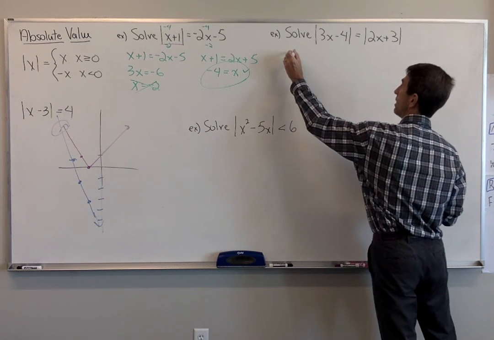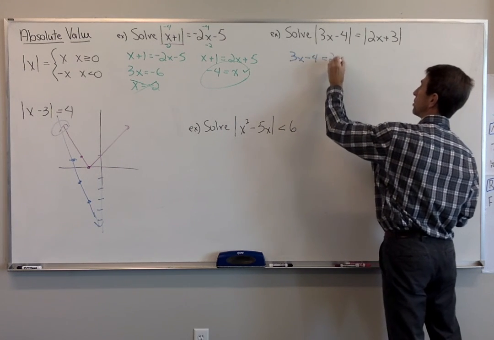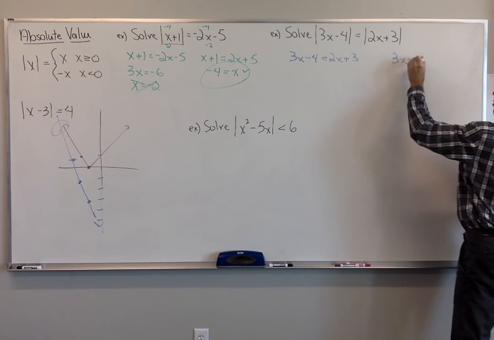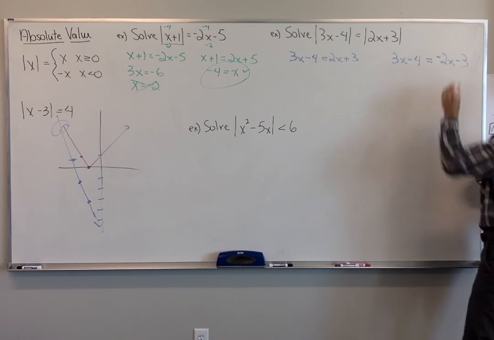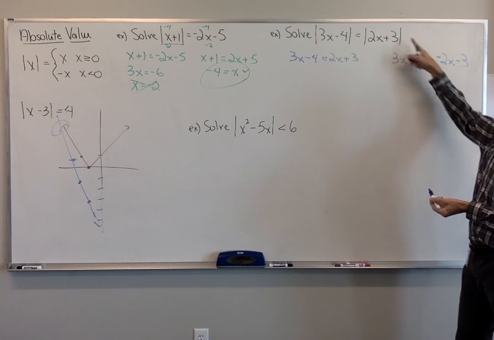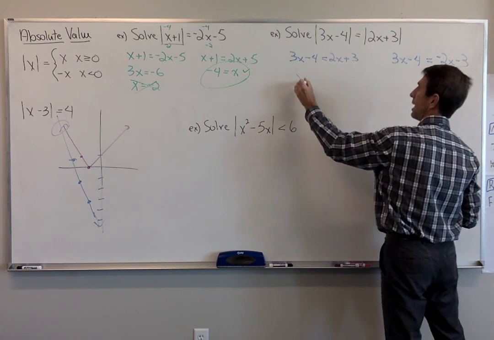I'm simply going to write that 3x minus 4 is going to equal 2x plus 3. The other option is 3x minus 4 will be the opposite of 2x plus 3. Now, I could have taken the opposite of this one, equal to 2x plus 3. Again, it doesn't matter. Solve this, I get x equals 7.